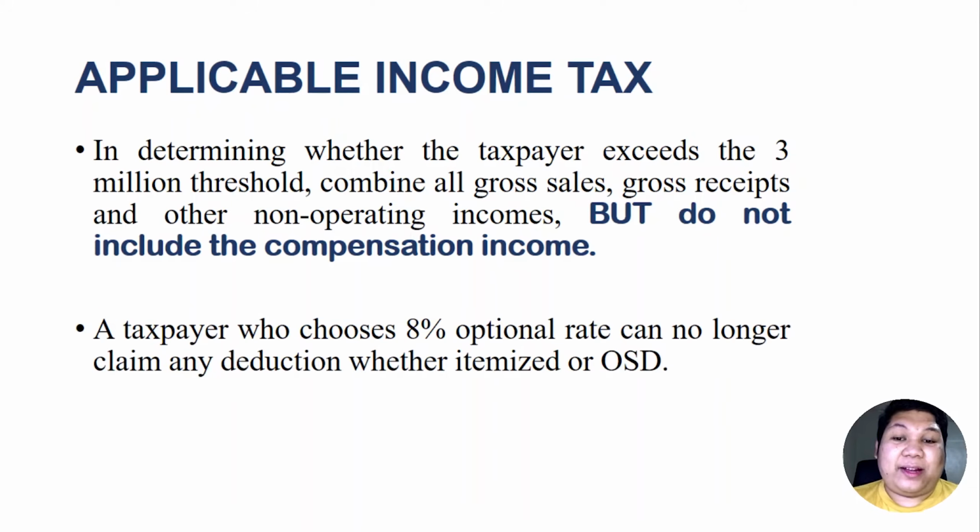A taxpayer who chooses the 8% optional rate can no longer claim a deduction, whether itemized or OSD, because the 8% optional rate is based on the annual gross sales or receipts and not on the taxable income.